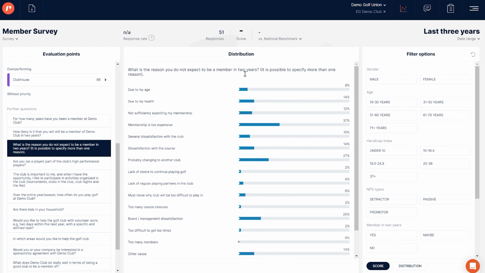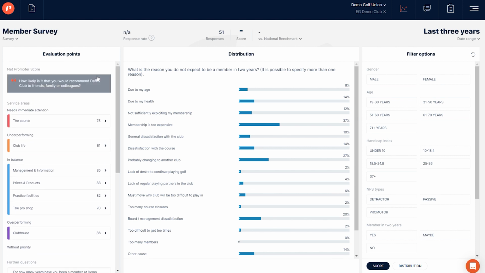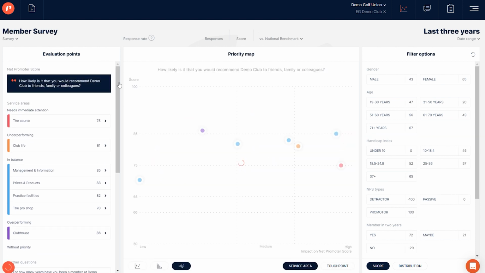So let's say we want to take a deeper look into why members might be churning. We'll go into the evaluation point section and select the Net Promoter Score question. Here we'll see the priority map. For those of you who are not familiar with the priority map, it's a visual way for us to show you what is important.